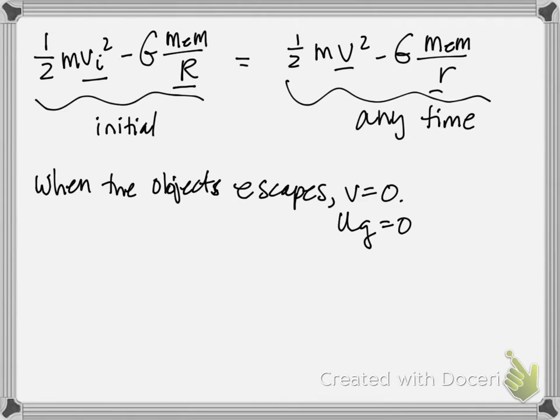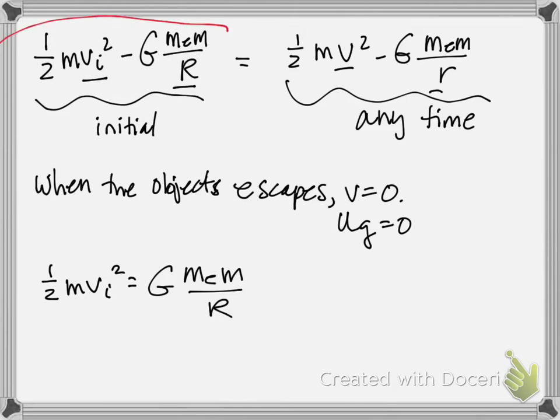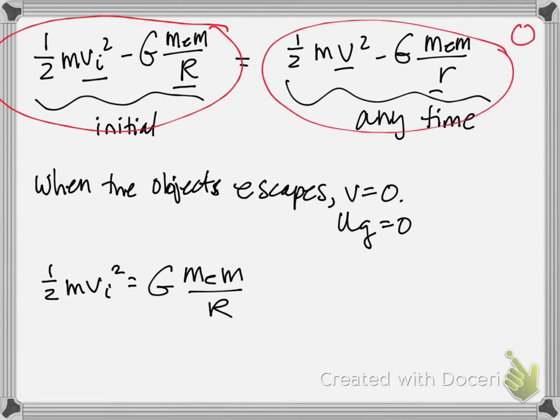That means the right-hand side of our formula is all 0, because our velocity is 0 and our U_G is 0. So what that gives us is 1/2 m v_i squared equals big G, mass of the Earth, mass of that little object, divided by R. What I've done here is take these two terms and set them equal, because these two terms are both 0.